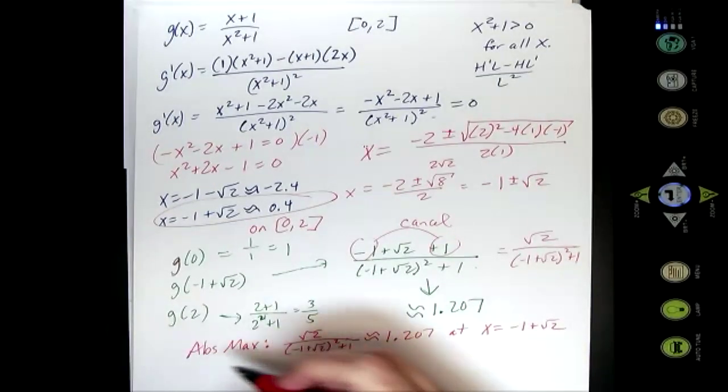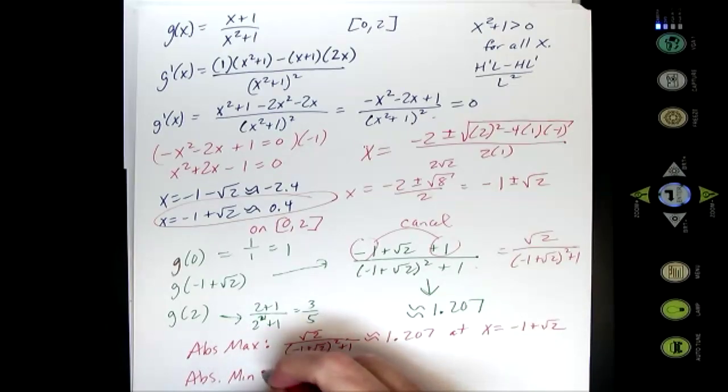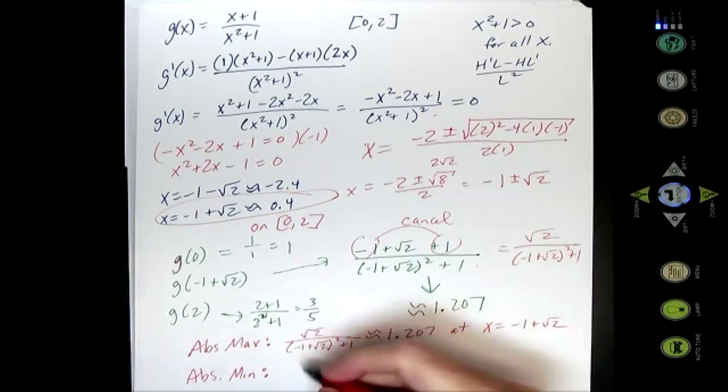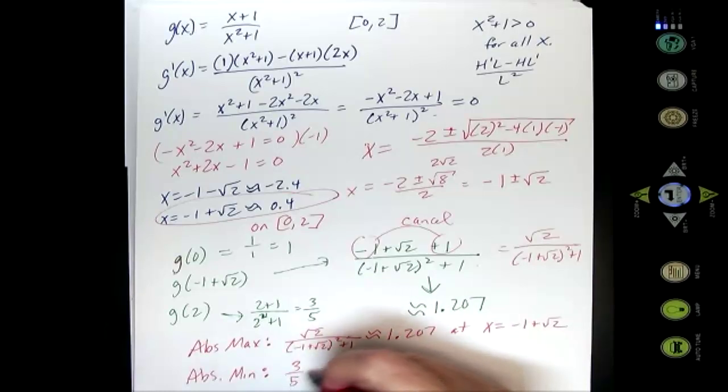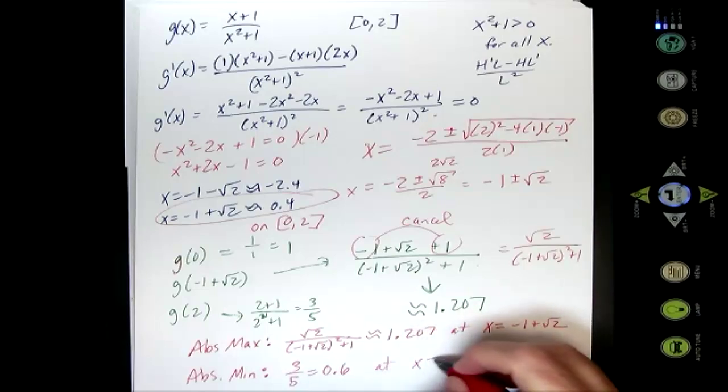And what is the absolute min? 3/5. And that one we can give an exact value for, 0.6 at x equals 2.